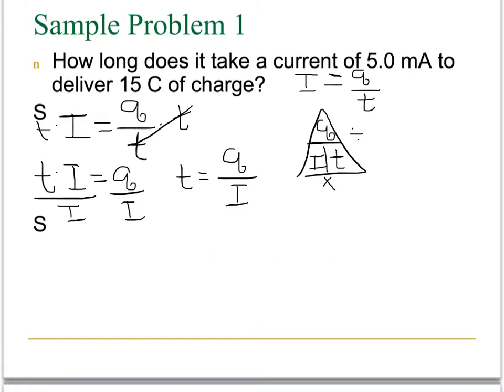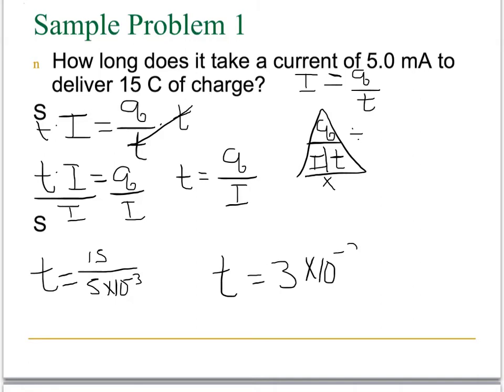We have T equals 15 divided by 5 times 10 to the negative third. When we simplify this, we get time equals 3 times 10 to the negative third seconds.